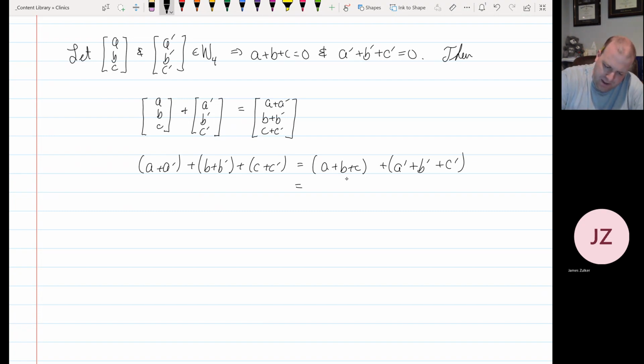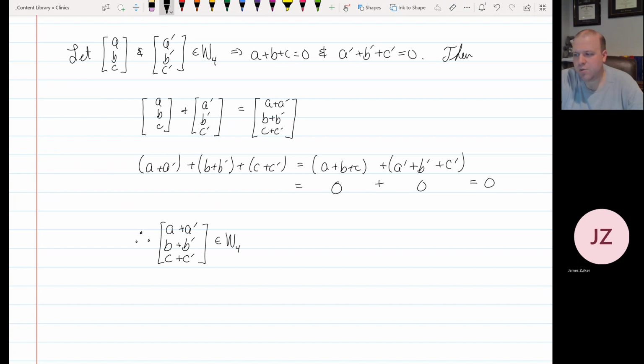Now we already know that this sum here is 0. And we already know that this sum here is 0. Their sum equals 0. Right? So then this vector is in W4.